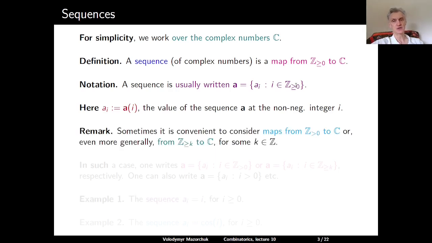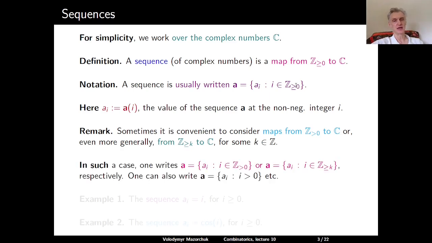Sometimes it's convenient to consider maps from positive integers to the complex numbers, or more generally from all integers that are greater than or equal to a fixed integer k. In such case, we write that A is equal to a_i where i is a positive integer, or a_i where i is an integer greater than or equal to k.